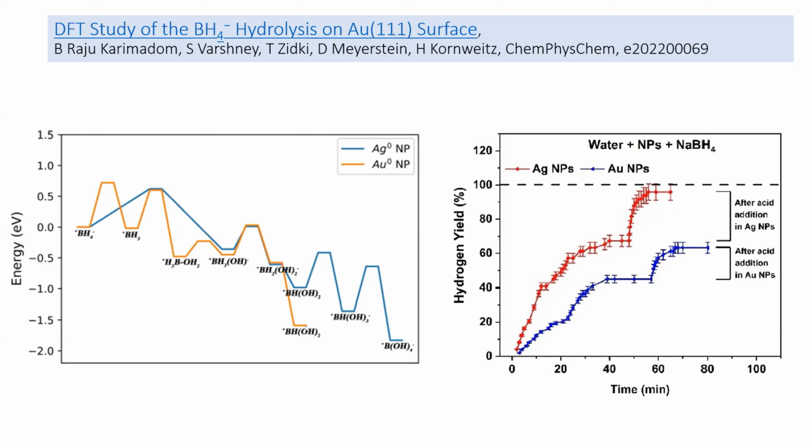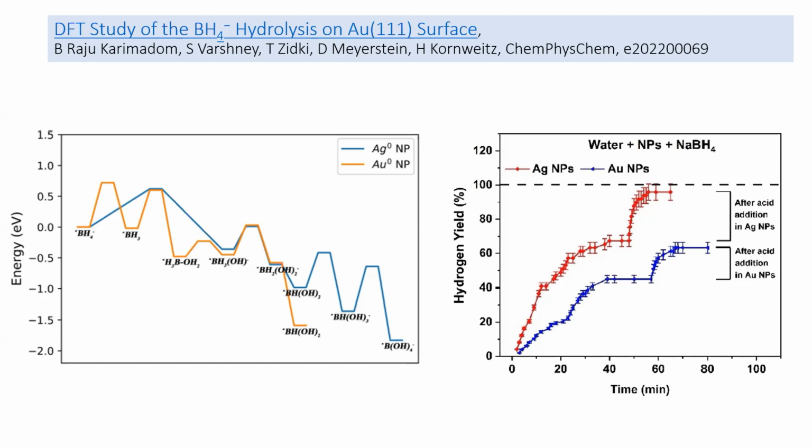Here, the second step is very similar to what's going on silver, but then the hydride is released, and we get a very exothermic reaction, and we get BHOH twice. The adsorption energy on gold of this species is large, 0.67 eV, and this is stuck on the surface.